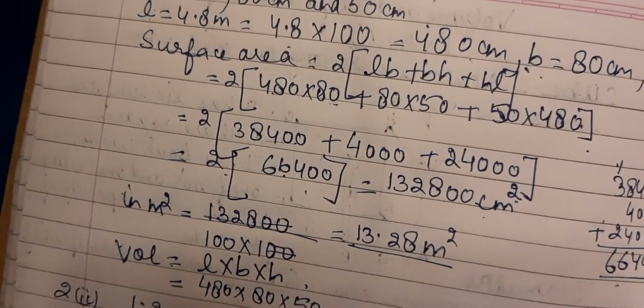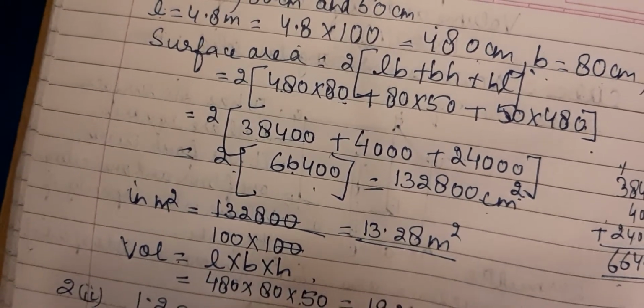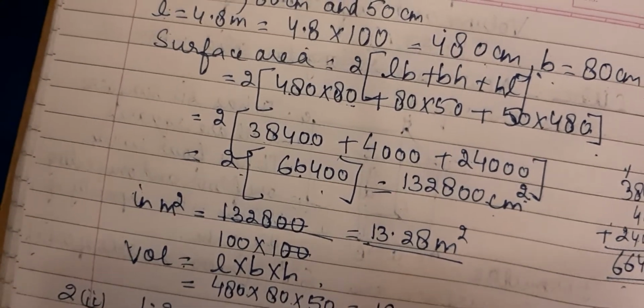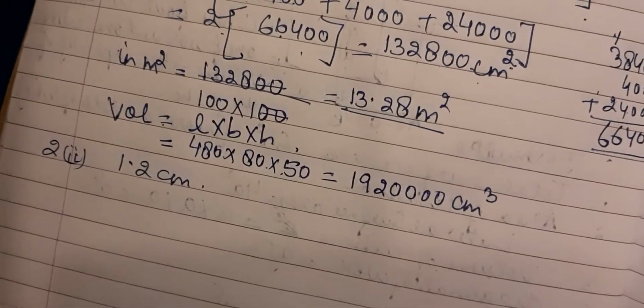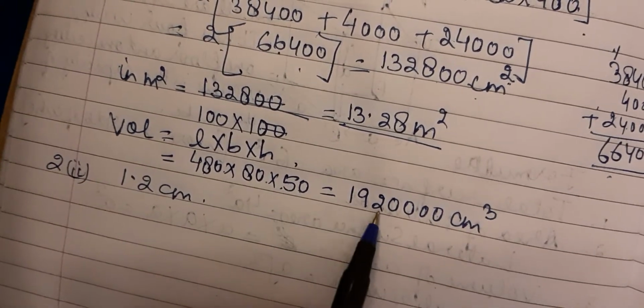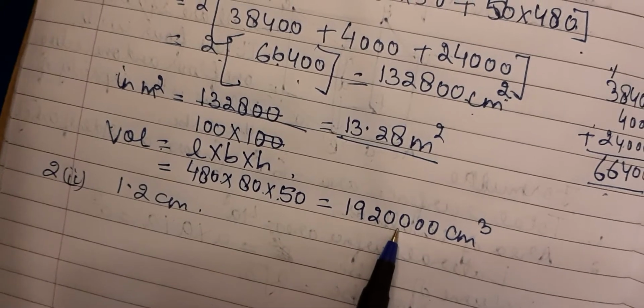When you multiply them, you are getting 192 with 4 zeros, centimeter cube.